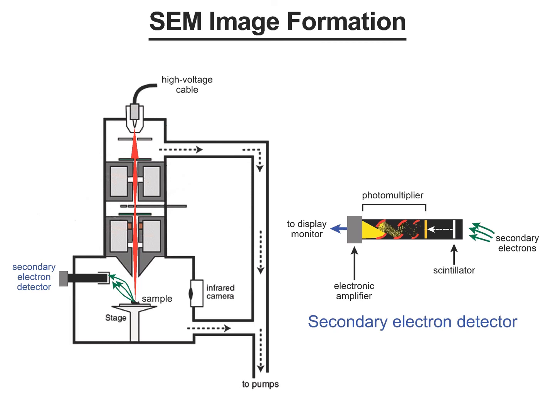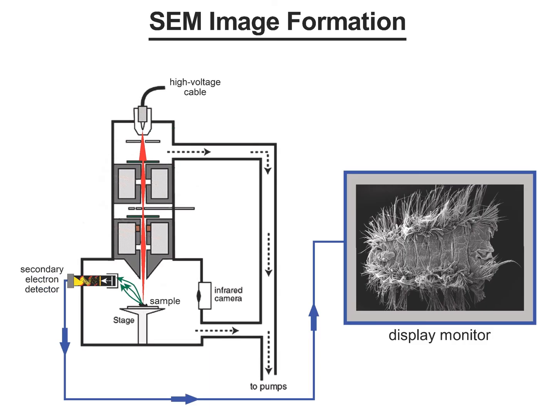These light rays then move into what is called a photomultiplier tube, which contains a series of mirrors that amplify the light signal. That amplified light signal is then converted to an electrical signal. And that signal is then sent to a display screen for viewing the specimen.